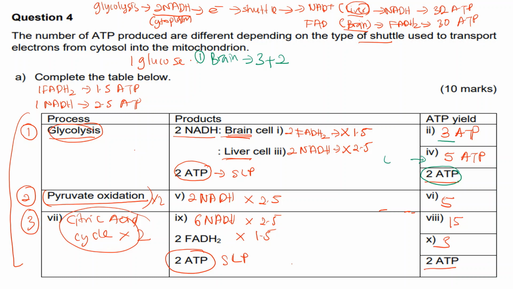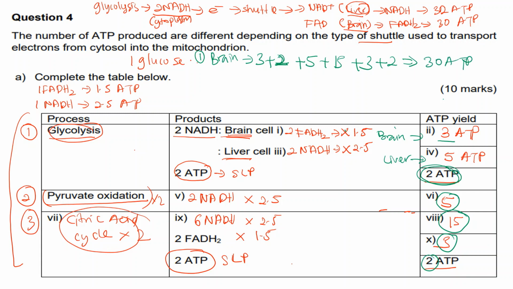This one is for brain. So the 2 molecules of ATP through substrate level phosphorylation is this one, and then you add 5, and then you add 15, and then you add 3, and then you add 2. The total should give you 30 molecules of ATP.